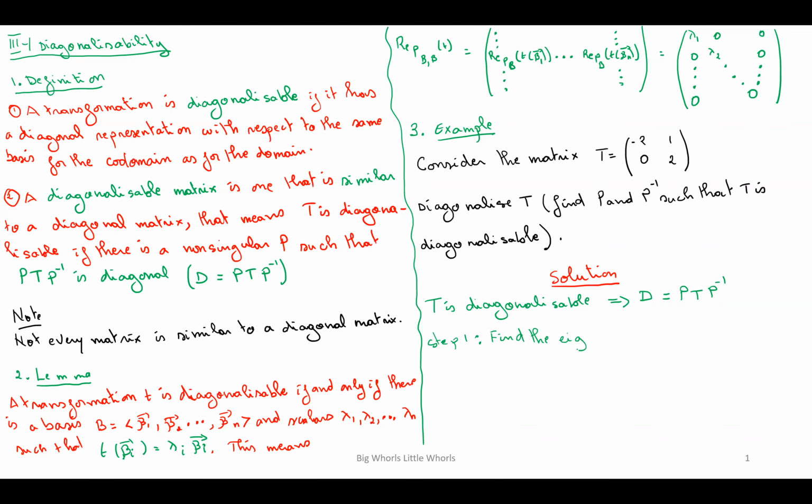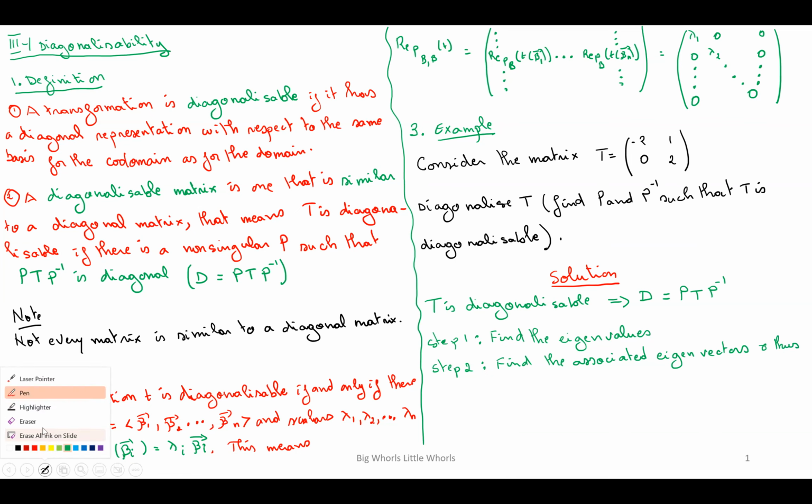Step 2, now find the associated eigenvectors and thus a basis, so we can easily find a basis.